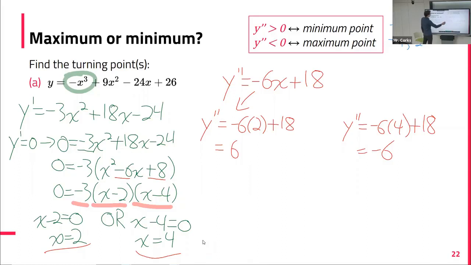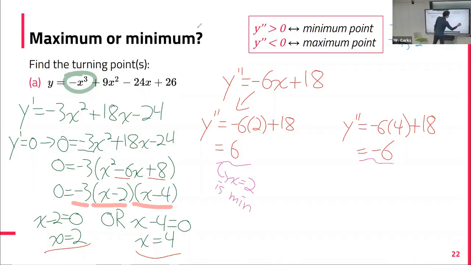So this one here is positive. So what do we know about this x equals 2? Minimum. Okay, so x equals 2 is a local minimum.